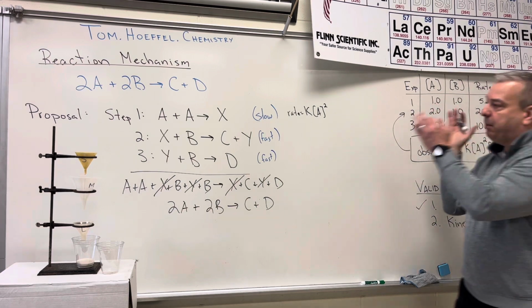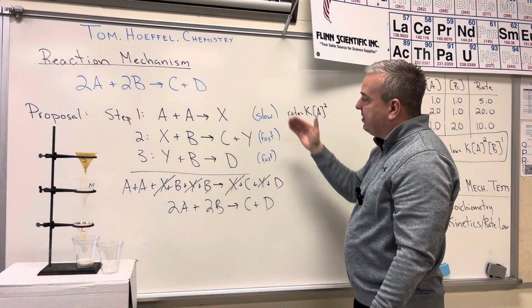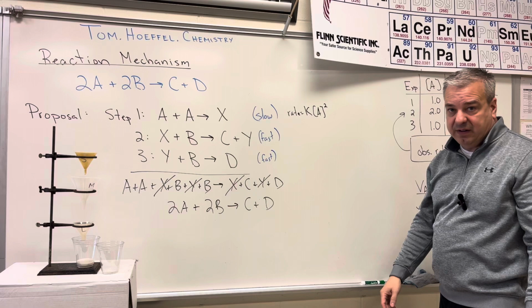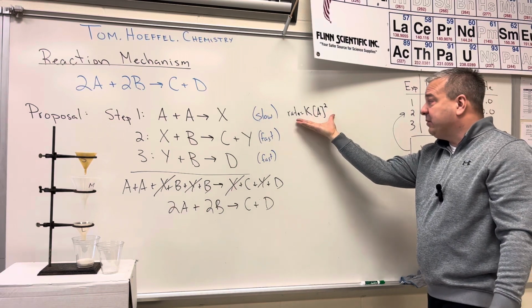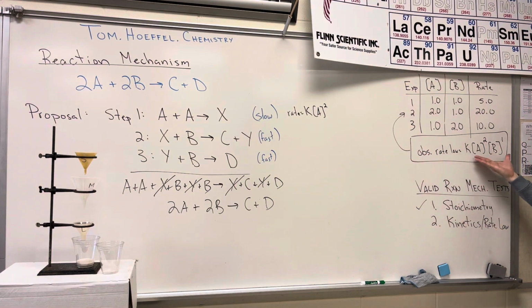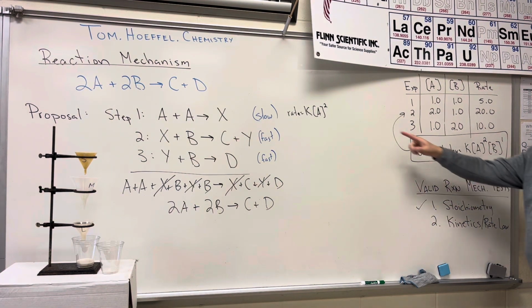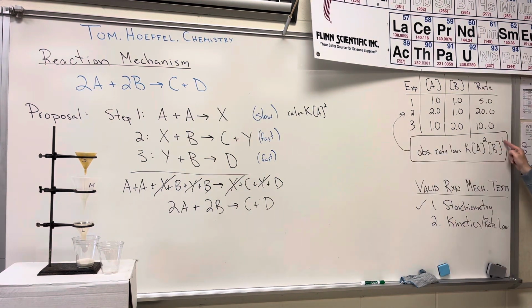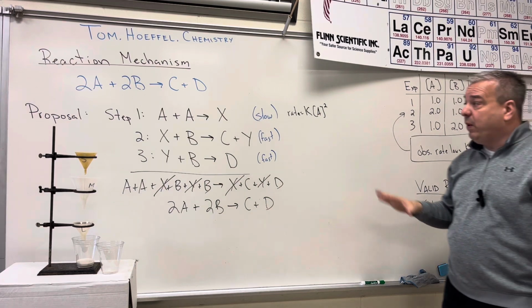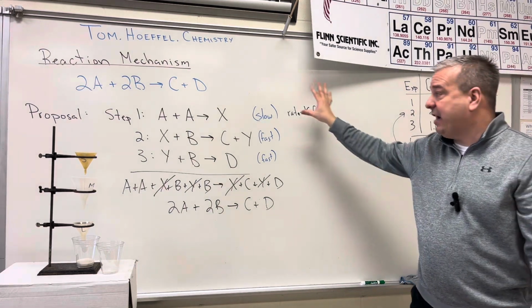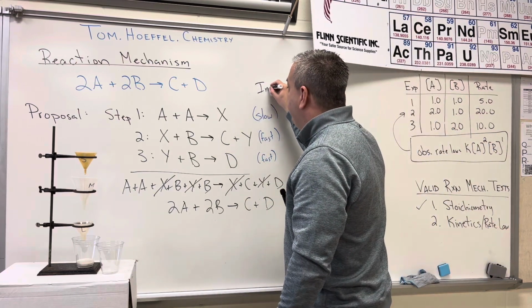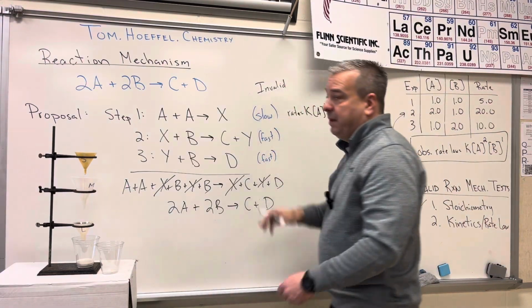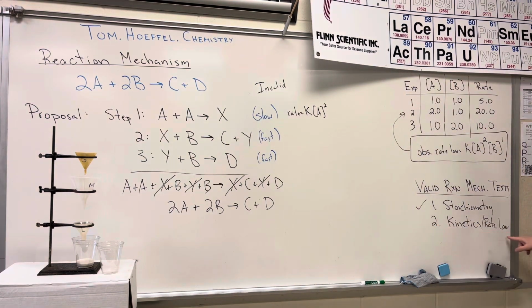Now, if we look at our problem, and if we say that the slow step is first, then this is the rate law, and this rate law does not match the observed rate law. It's missing the B to the first power. So we would say that this reaction mechanism, when it's slow, fast, fast, is invalid because it did not pass the kinetics test, okay?